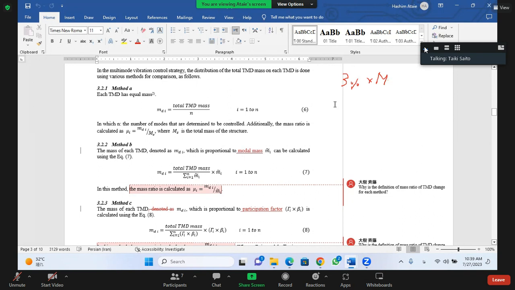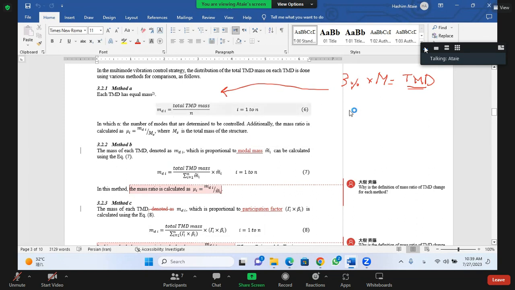So it will be the total TMD mass, right? Yes, Sensei, in case of method A. And divided among 3 TMD it becomes 1%.